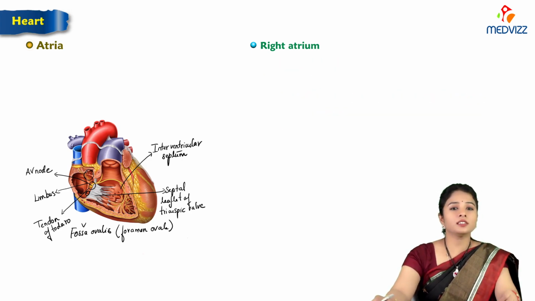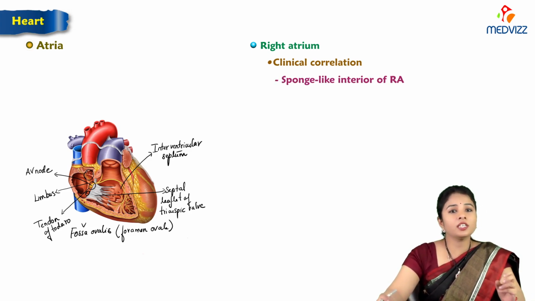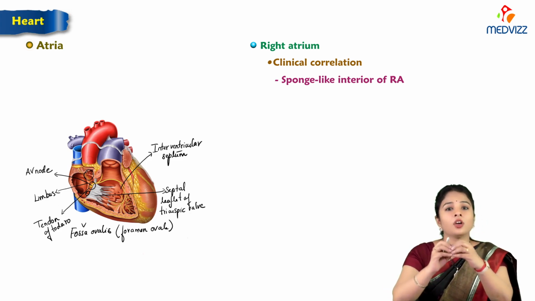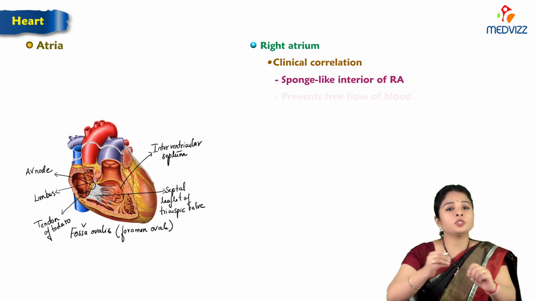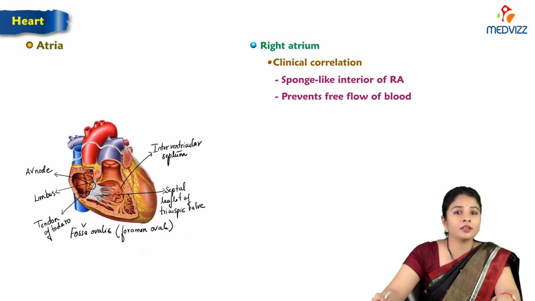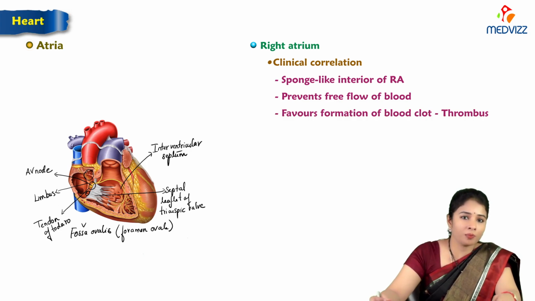So let us discuss some clinical aspects of the right atrium. The spongy-like interior of the right auricle: if you see the right auricle and see its interior, it appears to be a reticular meshwork which is spongy in appearance, which prevents the free flow of blood and thus favors the formation of blood clot, which is called a thrombus.